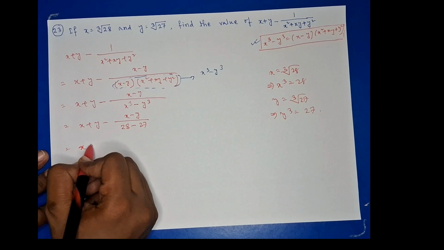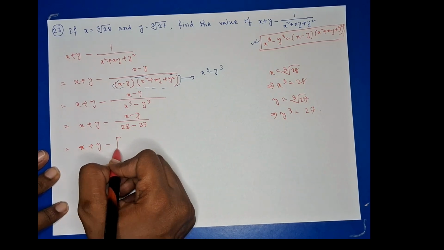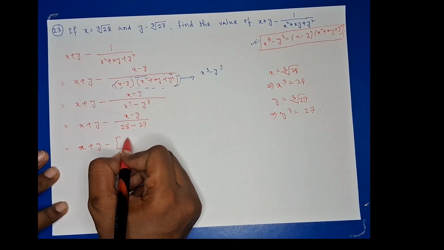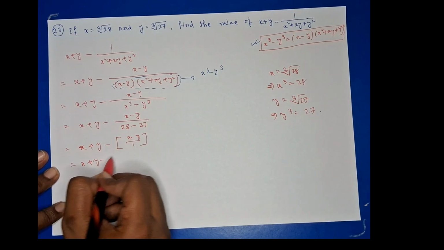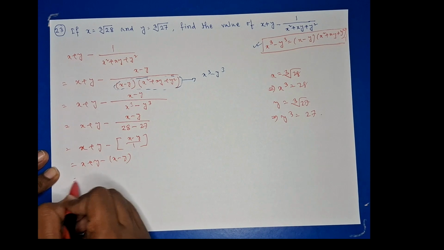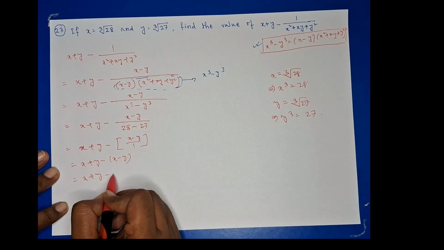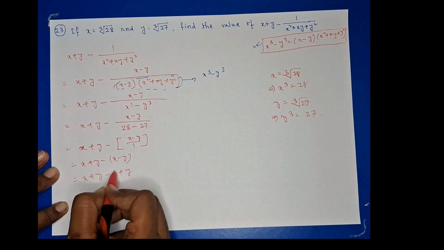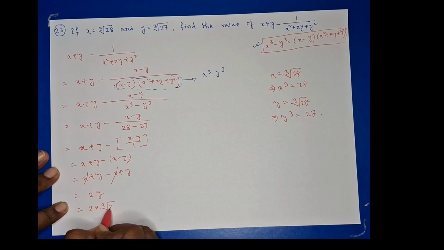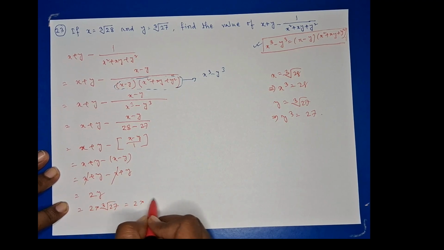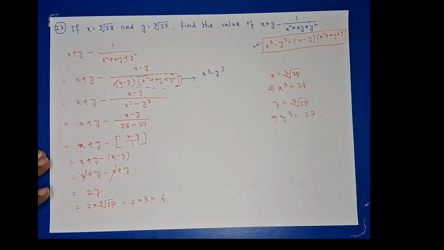Now x plus y minus, let us take it in bracket, x minus y by 1. x plus y minus x minus y. So x plus y minus x plus y is 2y. That means 2 into cube root of 27. And what is cube root of 27? 3. That means this is equal to 6.